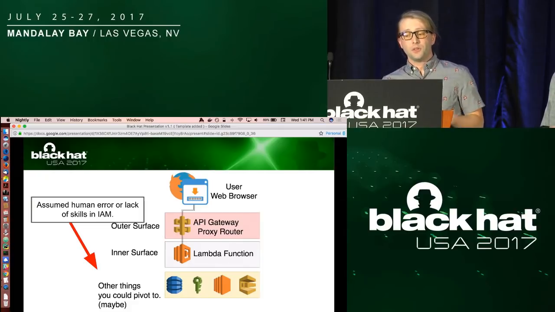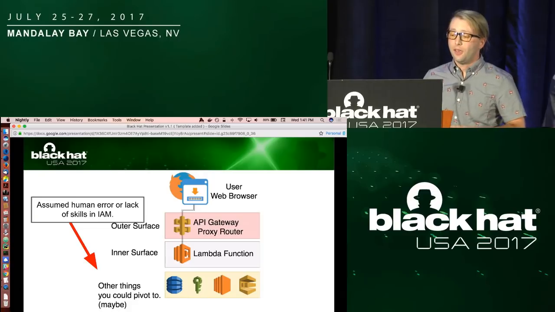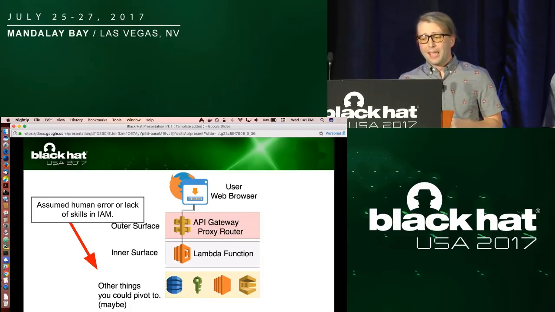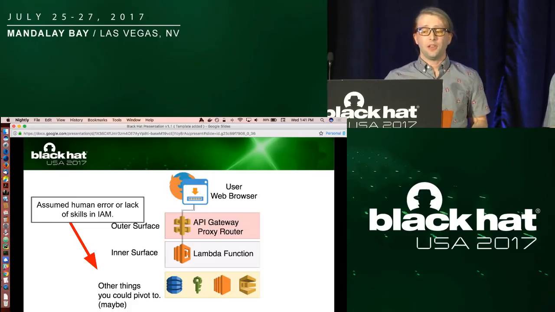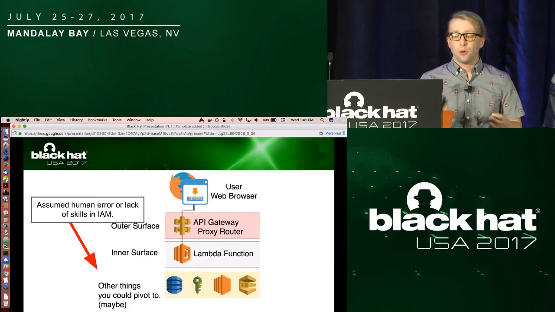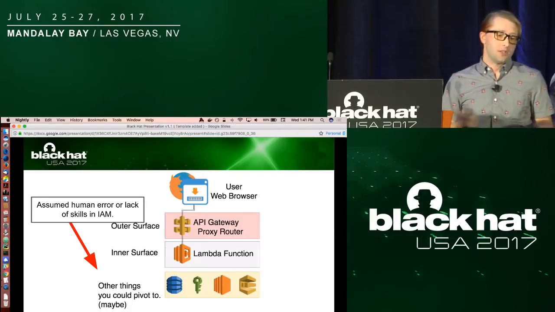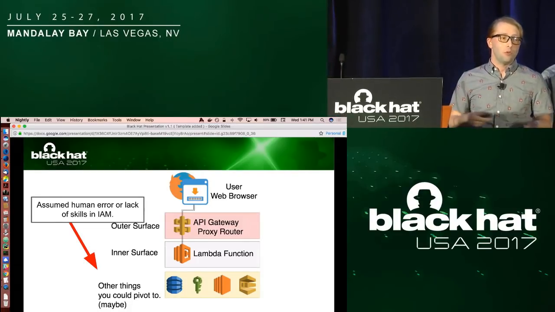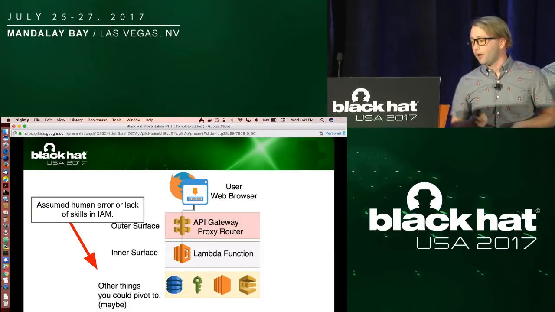The inner surface is really, in the AWS case, the Lambda function, or in Azure's case, the web function, and that's where our code actually executes. If there's some human error or a lack of skills in auditing IAM, that's where you have these potential pivots to other services, because you have the same lateral movement ability that you have inside of any cloud.